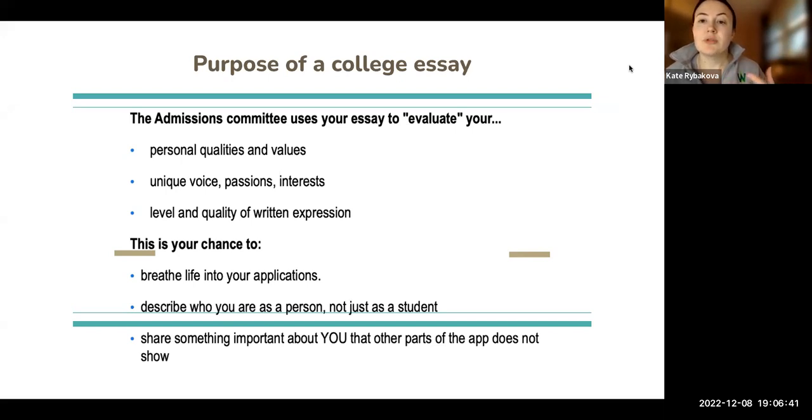A lot of those schools look mostly at your academic performance, your grades, your test scores, versus here in the US, where people look at you as a comprehensive applicant. So not only do they look at the academics, they also look at your involvements, your personal qualities, what makes you as a person, what you do in your free time, what you do outside of the classroom. It is really important to have that life outside of the classroom, and that's something we're actually interested in knowing more about.